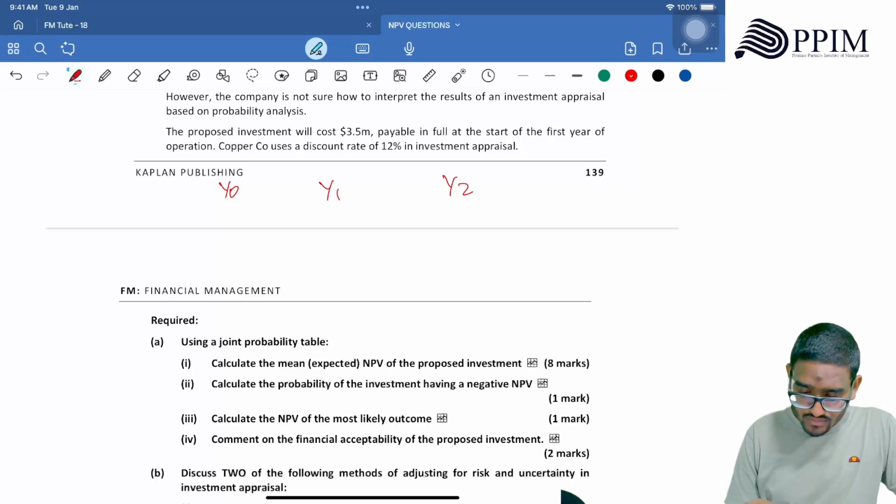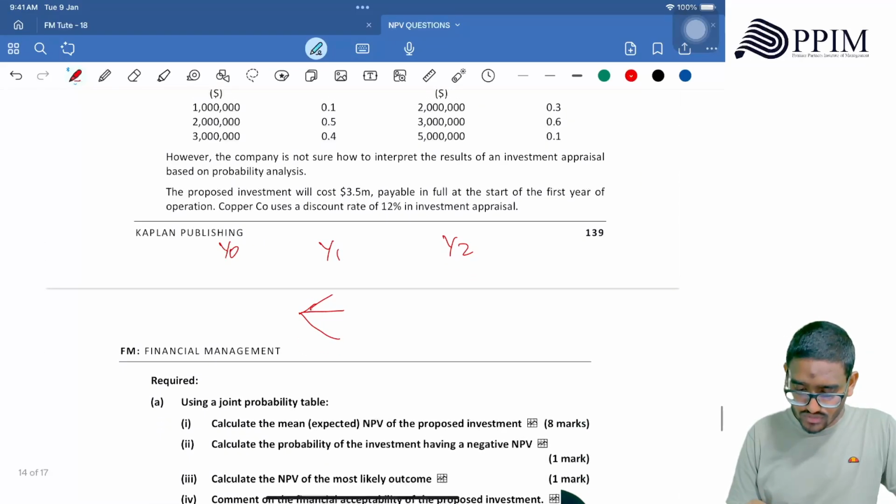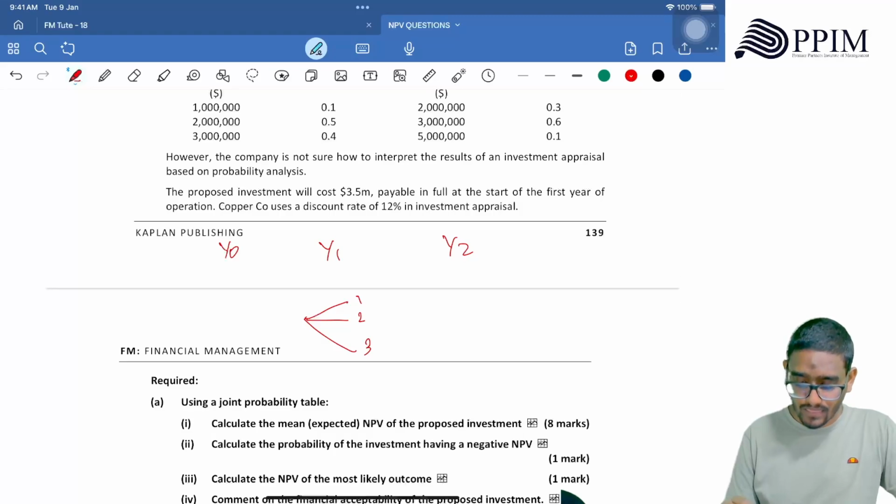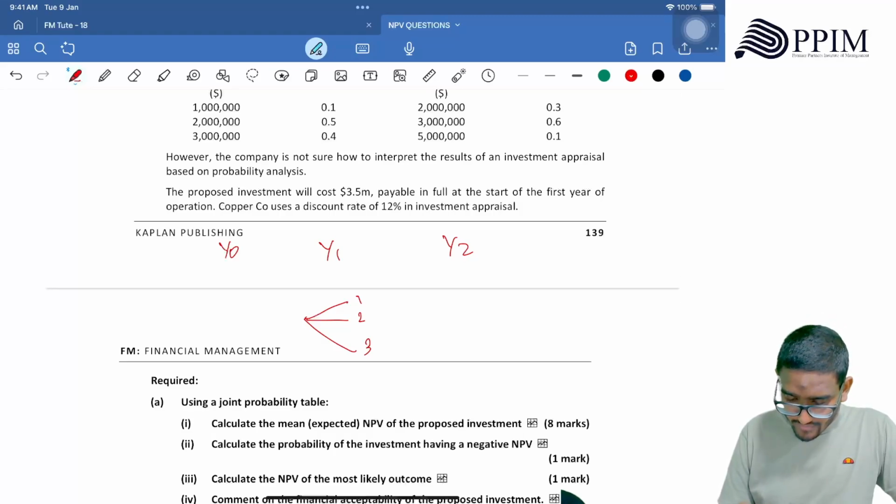In year 1, you have 3 options: 1 million, 2 million, and 3 million. Then in year 2, for each of these you have 3 options.